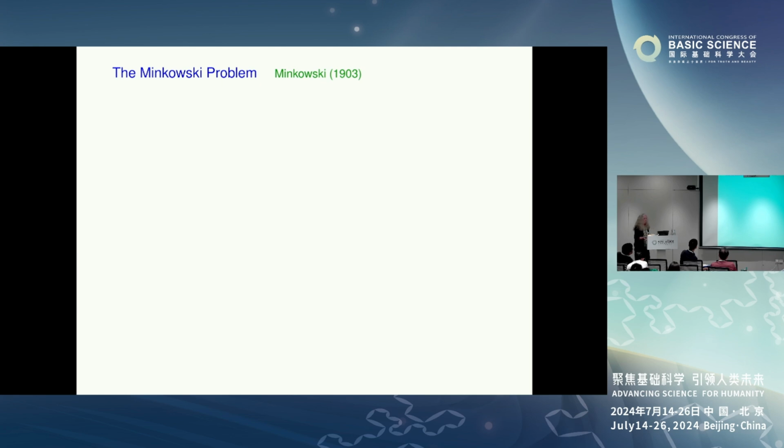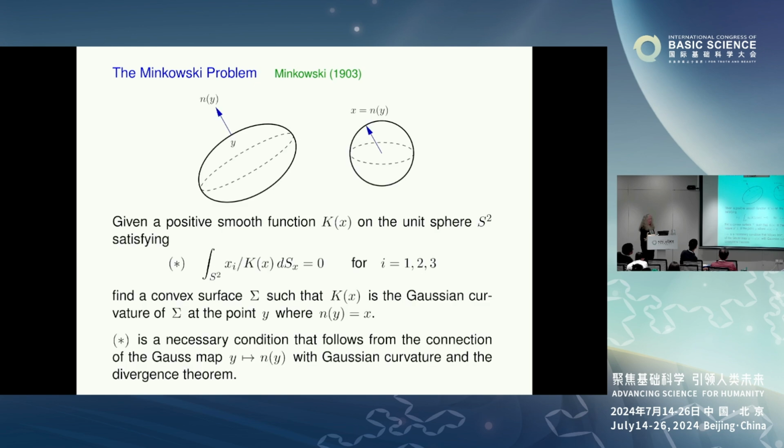The Monge-Ampere equation also appears in the Minkowski problem. Given a positive smooth function k on the unit sphere satisfying this condition star, we want to find a convex surface sigma so that k of x is the Gaussian curvature of sigma at the point y, where the unit outer normal is x.